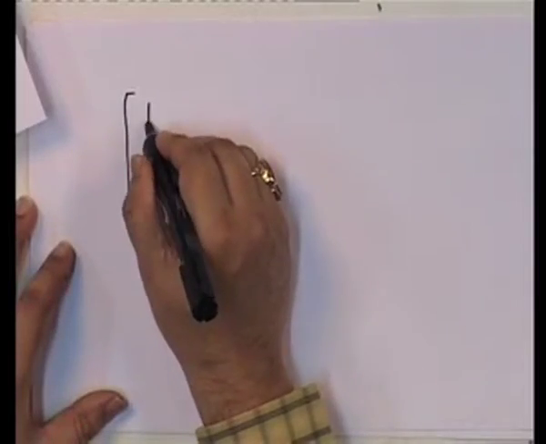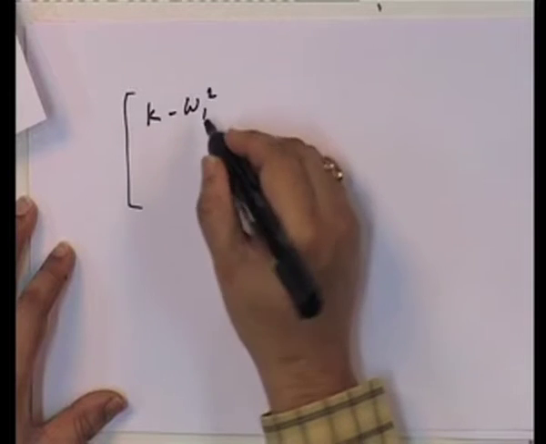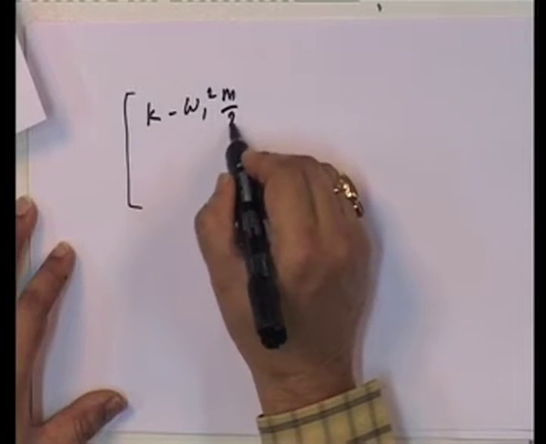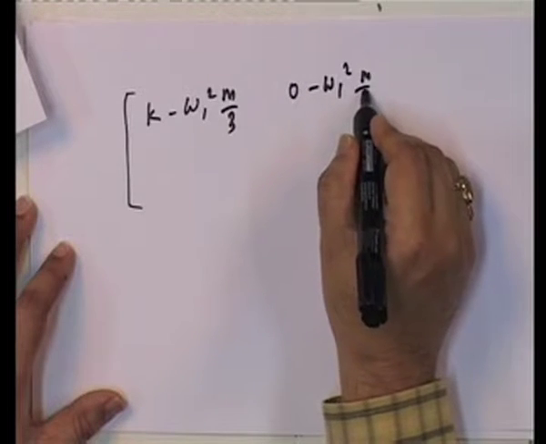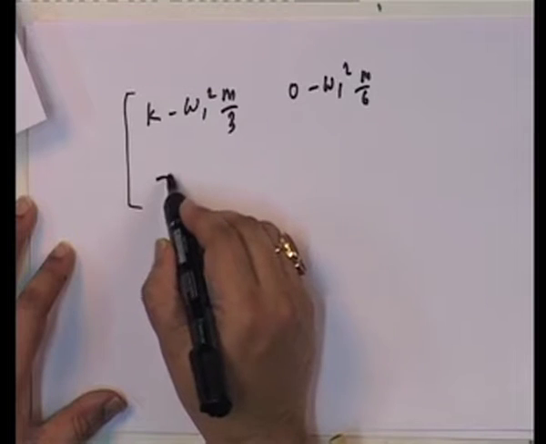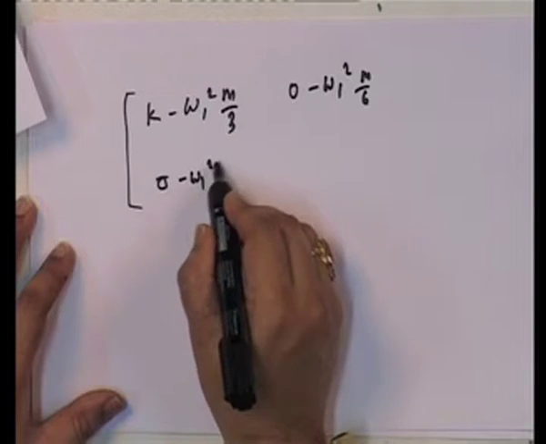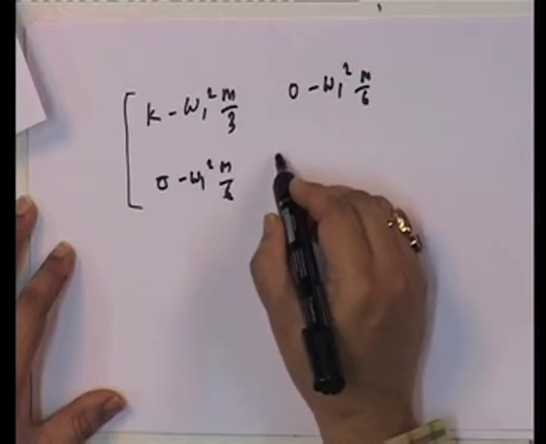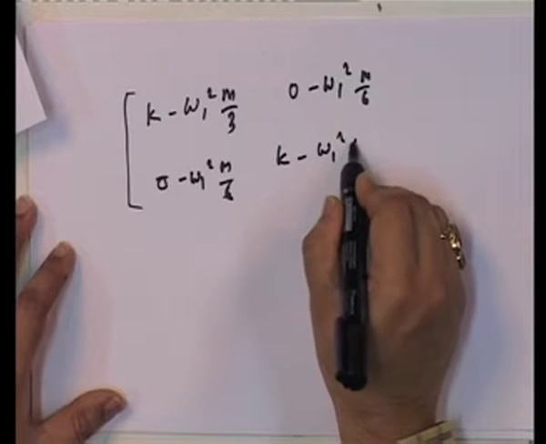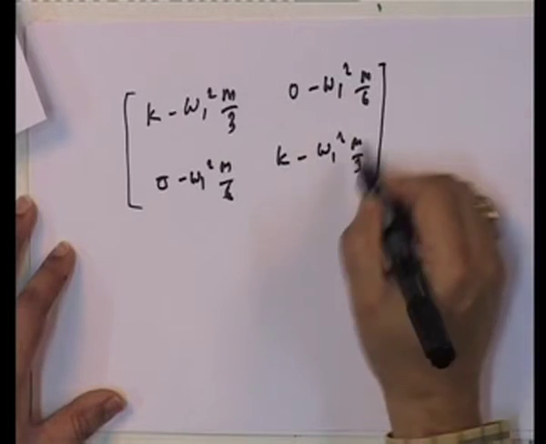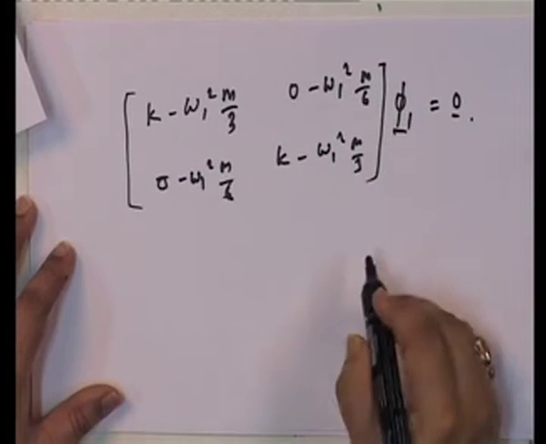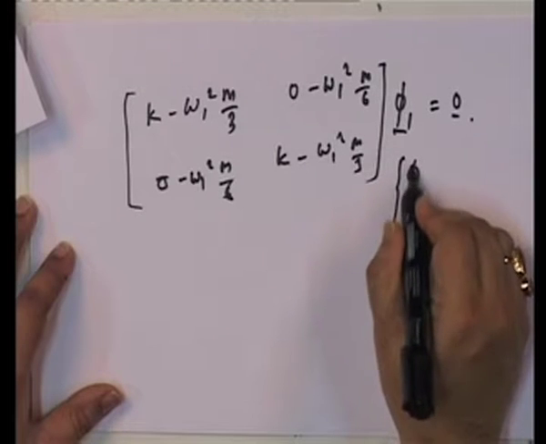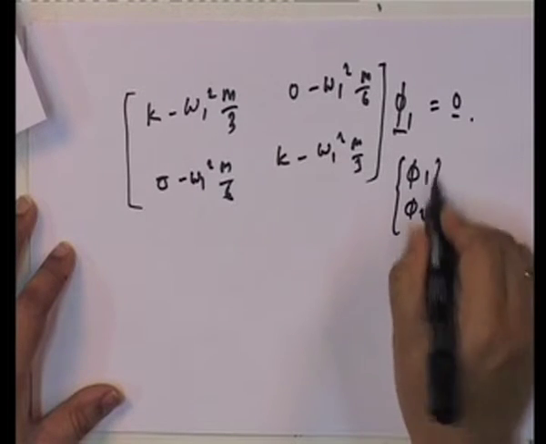Well, I plug in k minus omega 1 squared m by 3, 0, omega 1 squared m by 6, 0 minus omega m by 6, k minus omega 1 squared m by 3 into phi 1 is equal to 0. And now phi 1 is given by phi 1, phi 2, 1.